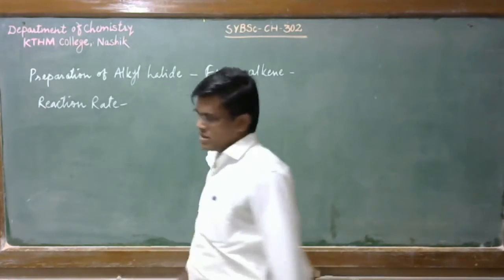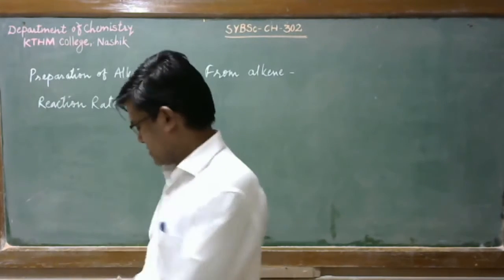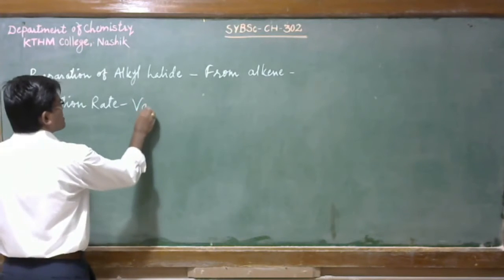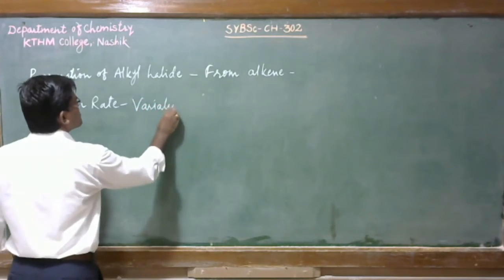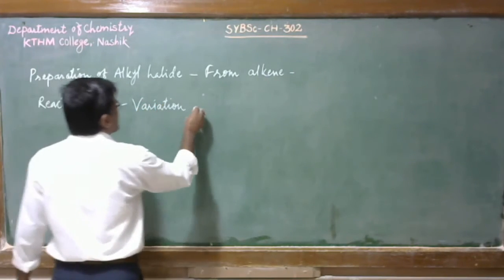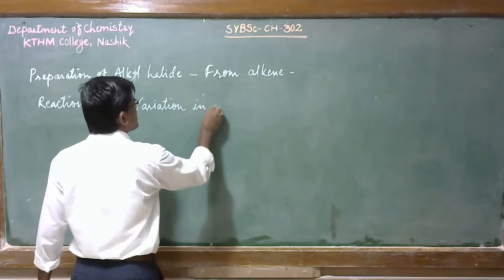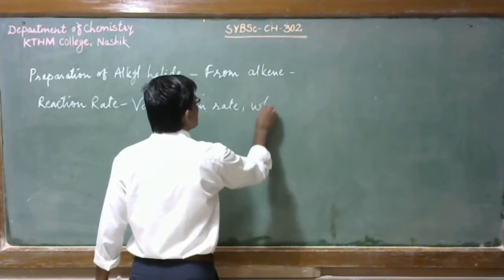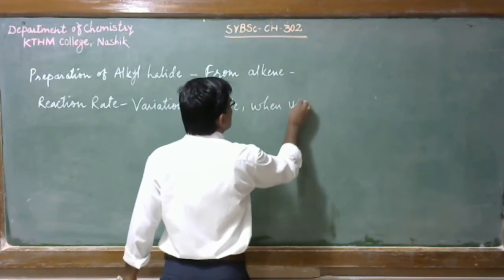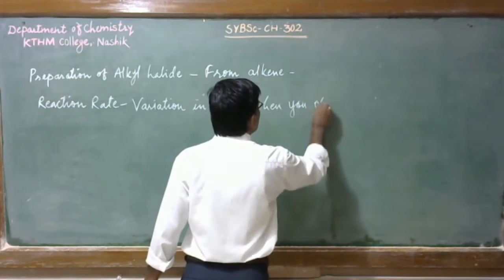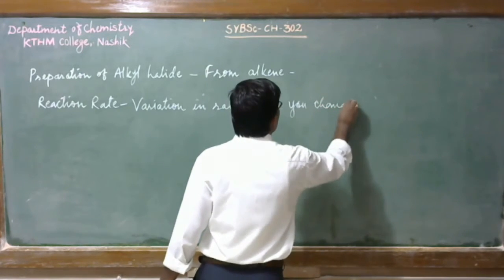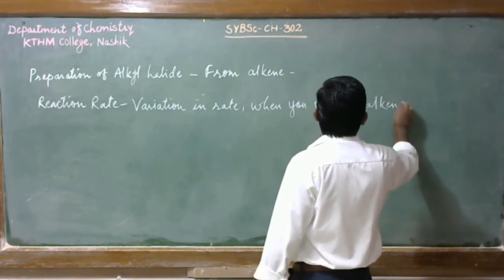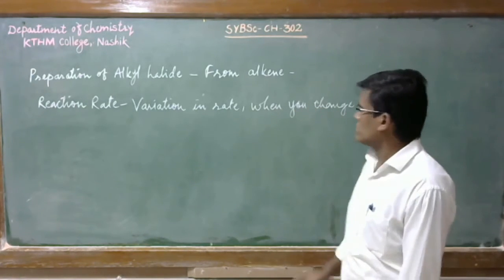The second factor that also affects the reaction rate is the variation in rate when you change the alkene.